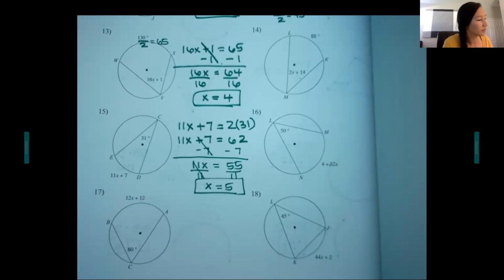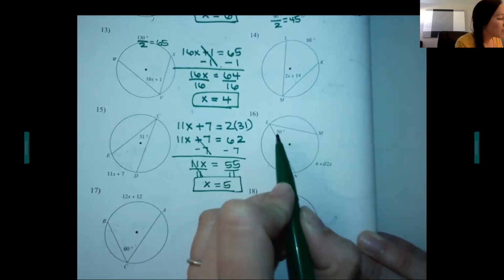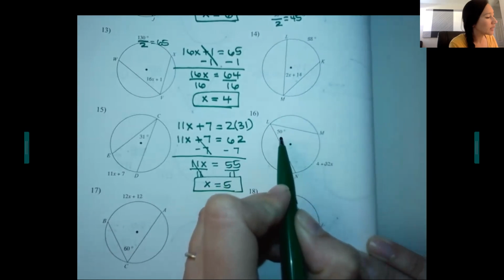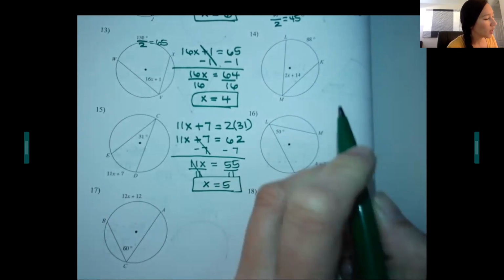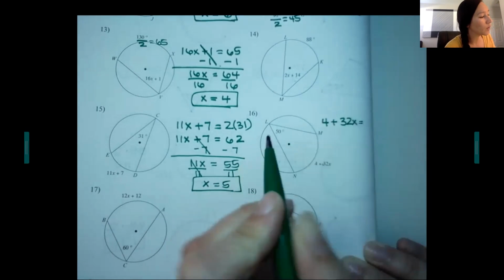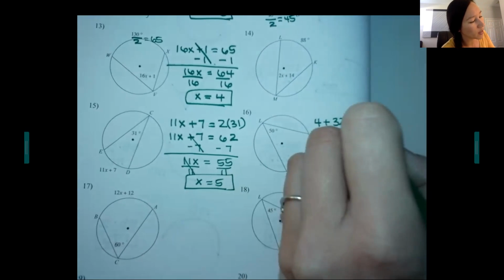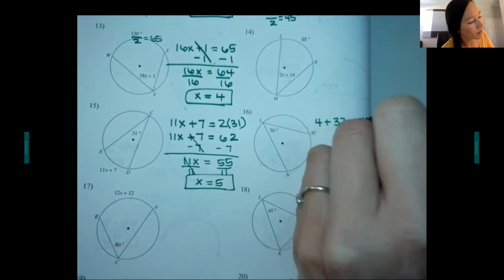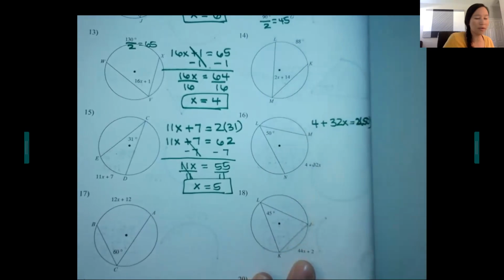Number 16. Okay, so number 16, we have the angle, which means the arc is going to be double that. So you're going to want to do 4 plus 32x equals, but the arc is 2 times our angle. So it's going to be 2 times 50. Okay, I think I understand now. And then go ahead and solve.